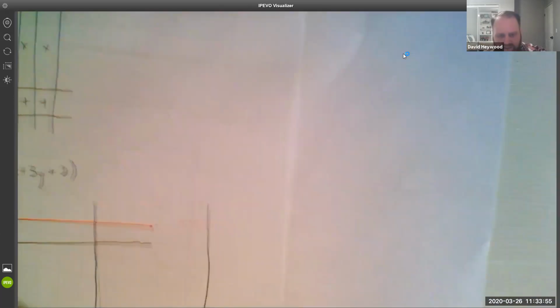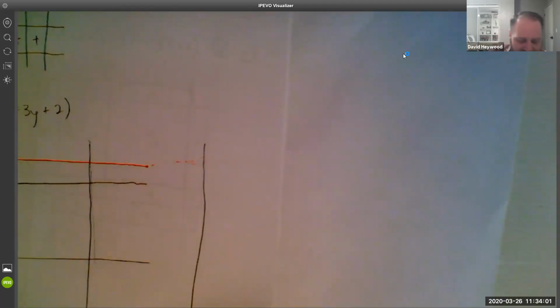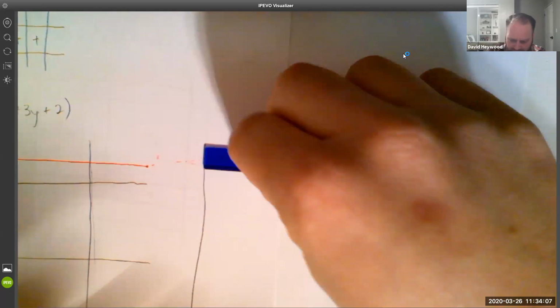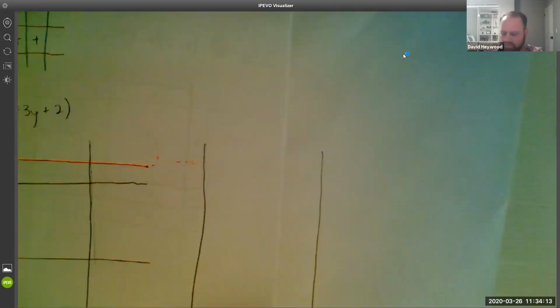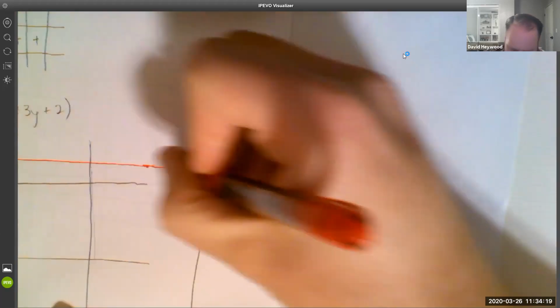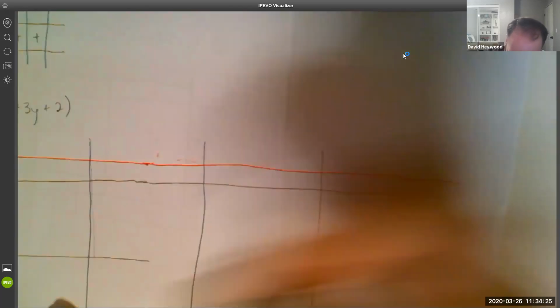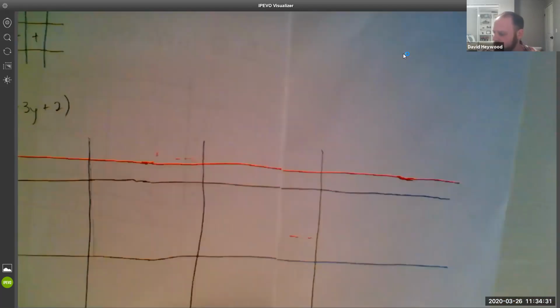I'm going to grab another page so I can extend this out further. So how much have I done? I've done 1, 2, I need a third y. Got to extend all of these lines. Okay, so there was x plus 3y, and then here's plus 2.